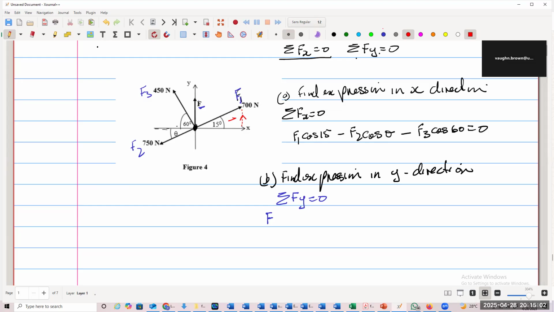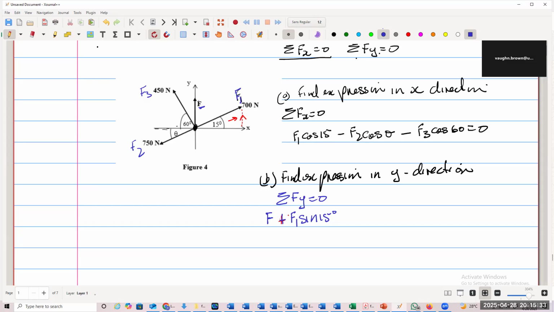So you can see that that is sine. So it is going to be positive F1 sine 15. And please don't be afraid to ask questions while I'm going on. Don't just accept anything that I'm writing. Question me, please. All right, so this is F1 sine 15 going up in that direction.